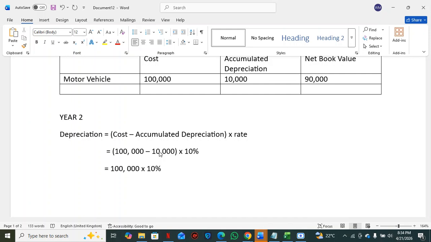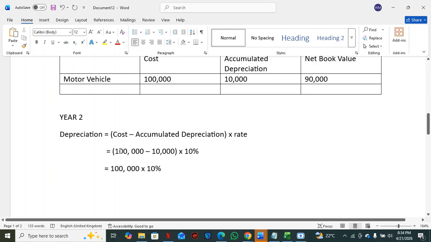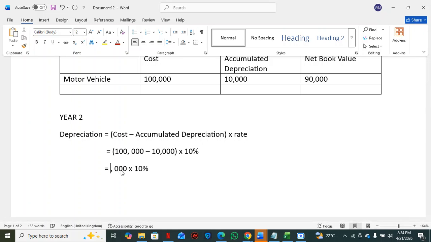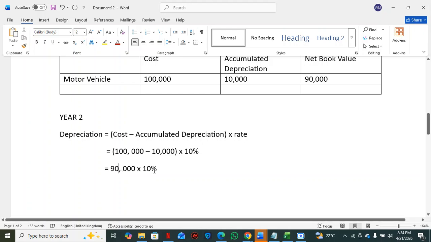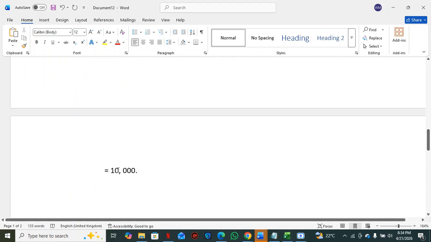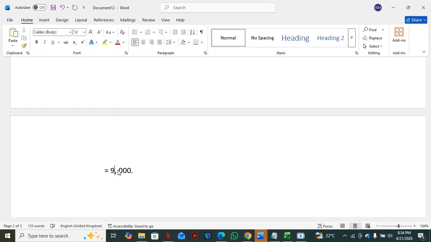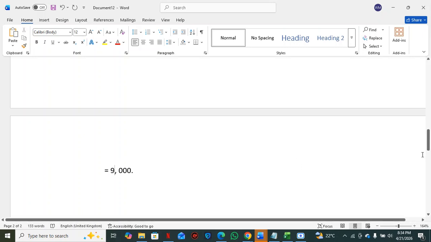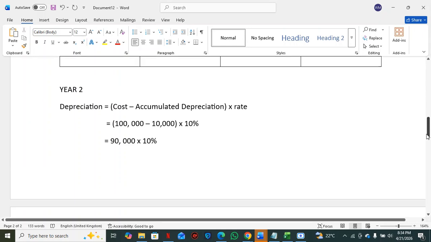The balance carried from year 1 has been brought here. So 100,000 minus 10,000 is 90,000. 90,000 times 10% is 9,000. The depreciation expense for year 2 is going to be 9,000.